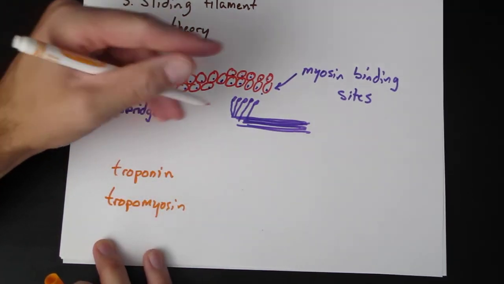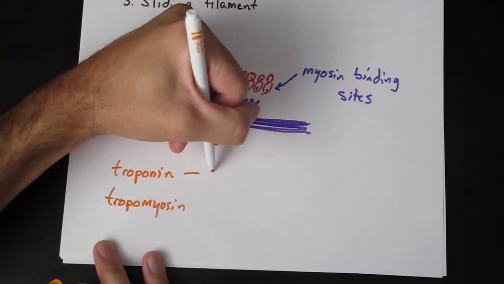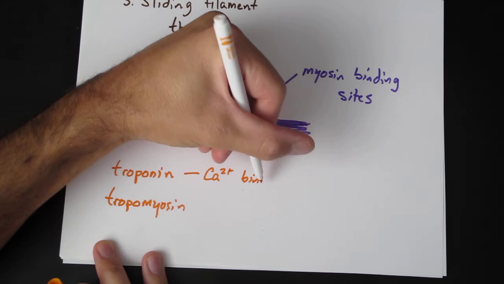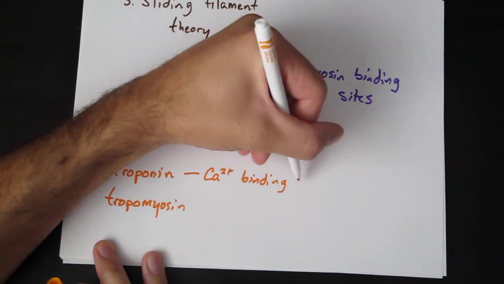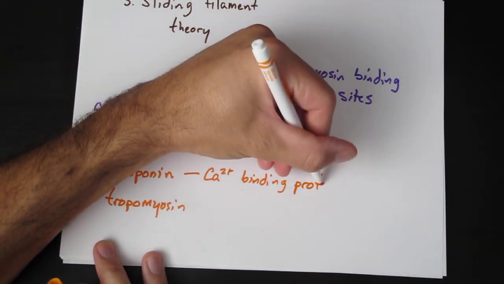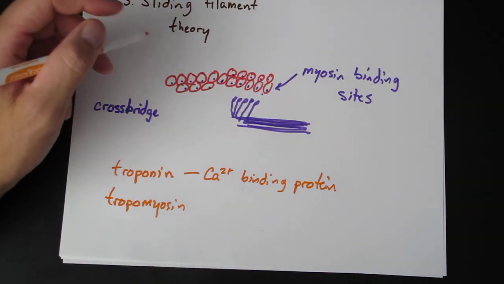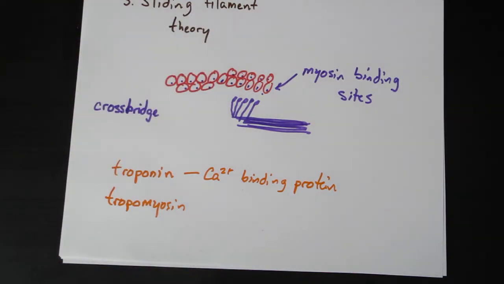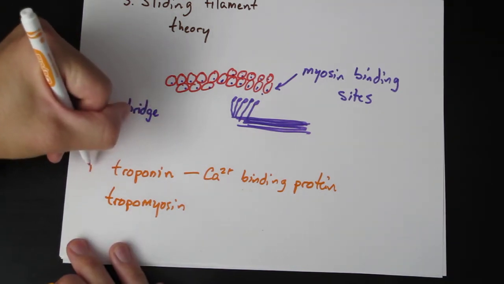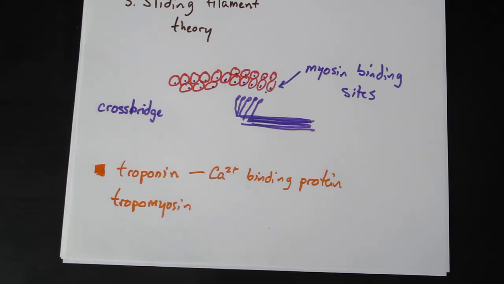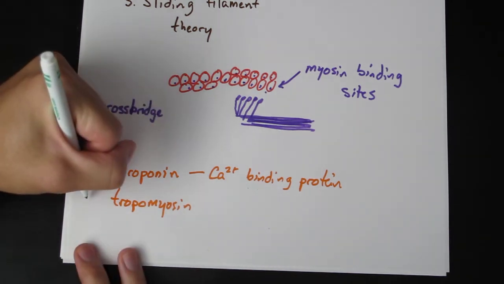Specifically, troponin is a calcium binding protein. And tropomyosin has a slightly different job that we're going to take a look at right now. I'm going to leave troponin here as orange, and I'm going to use green to illustrate tropomyosin.